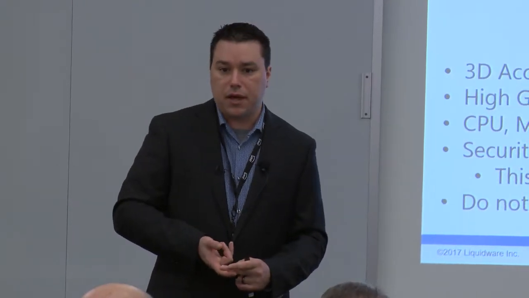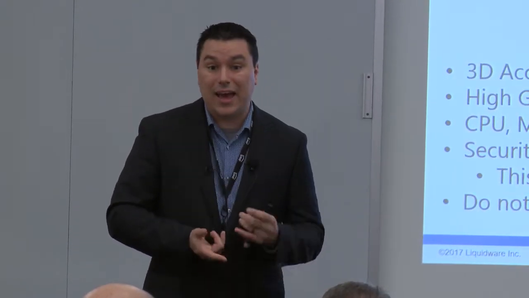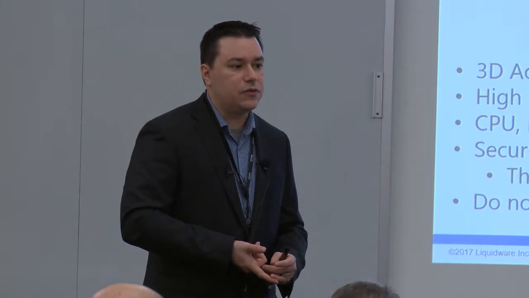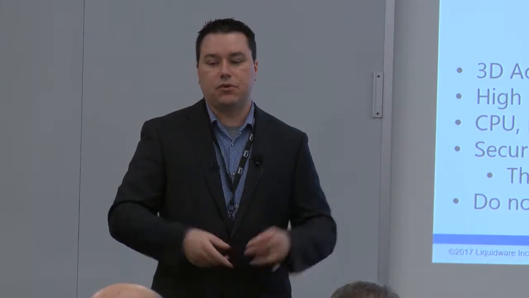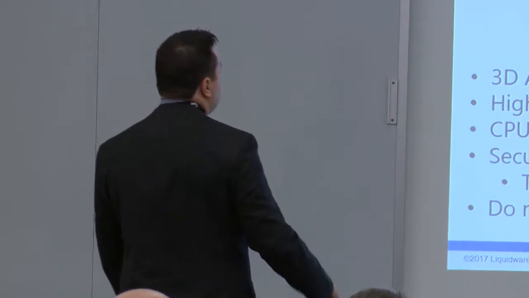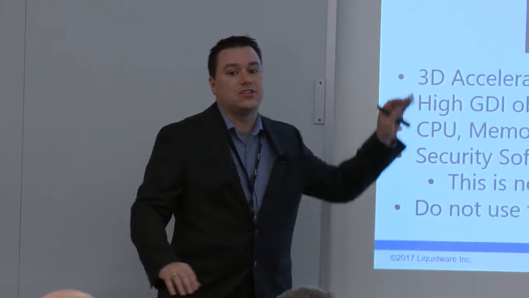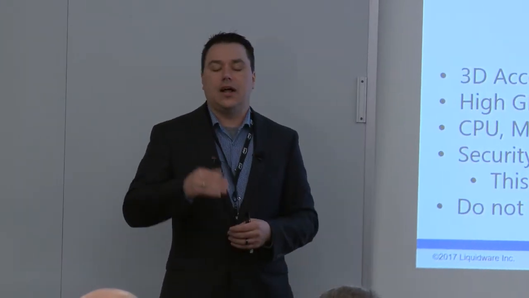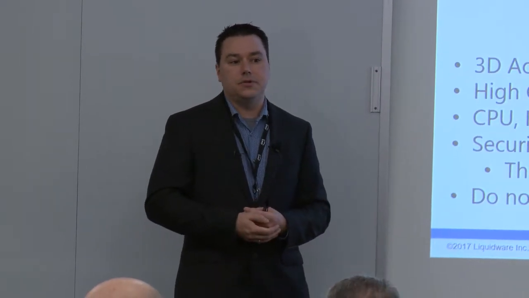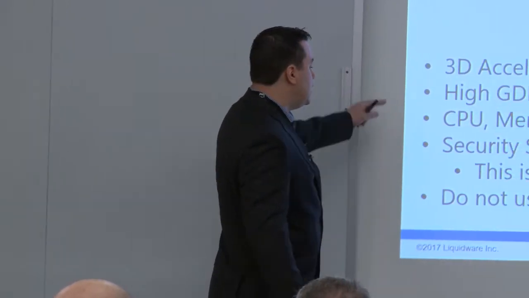Firefox does the same thing. IE, Edge, they all do it. So if you're not aware of these things and you just have the regular old 3D video card stuffed into AWS, all those apps are going to use it, and they're going to chew up huge amounts of CPU doing it. So when I say optimization, it's not about just getting the stuff from the vendor. It's recognizing a lot of these options are already available to you. You just have to turn them on.